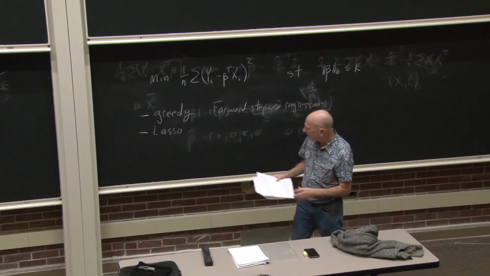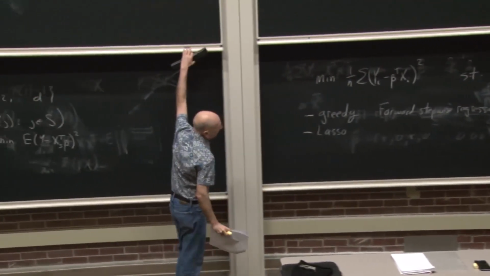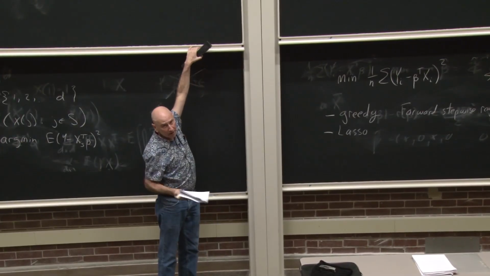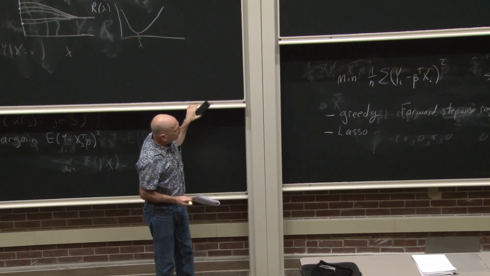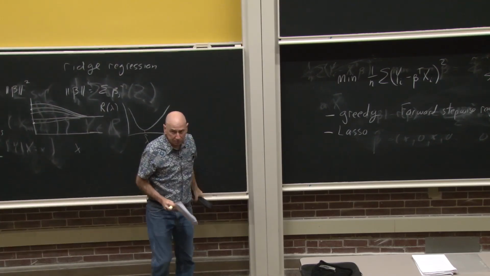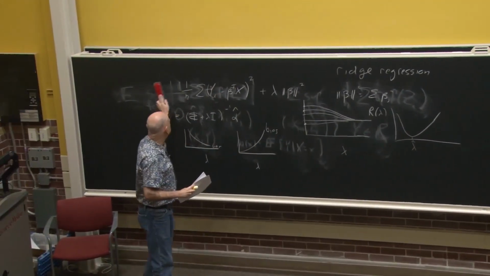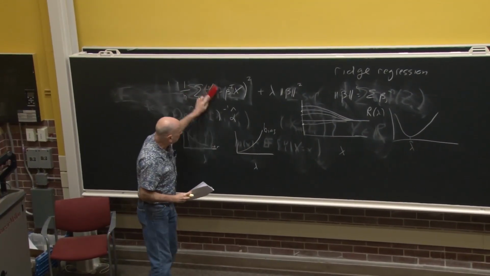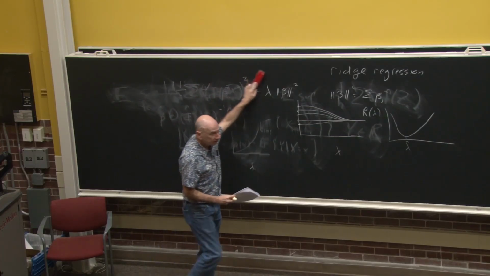So the one I really want to emphasize is the last. I just want to say what forward stepwise does. And for your information, I've included some theoretical results about forward stepwise. They usually get ignored, but there are comparable results for forward stepwise. I'm not going to go through them, and they're only there if you're interested. To be honest, they're a little bit more complicated than the lasso theory.